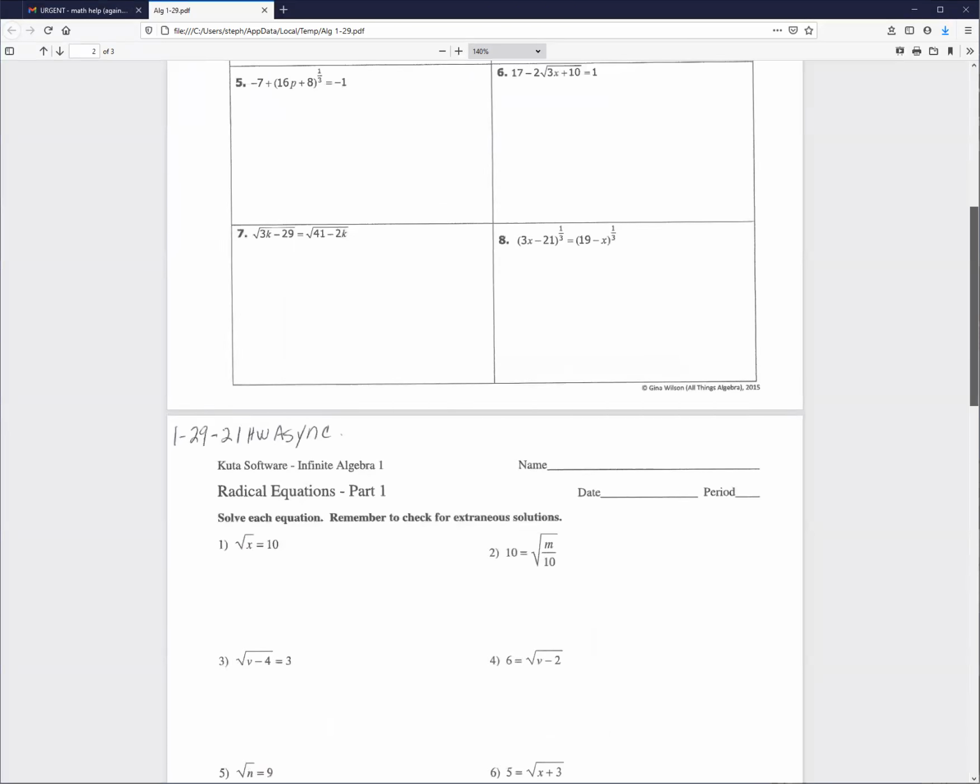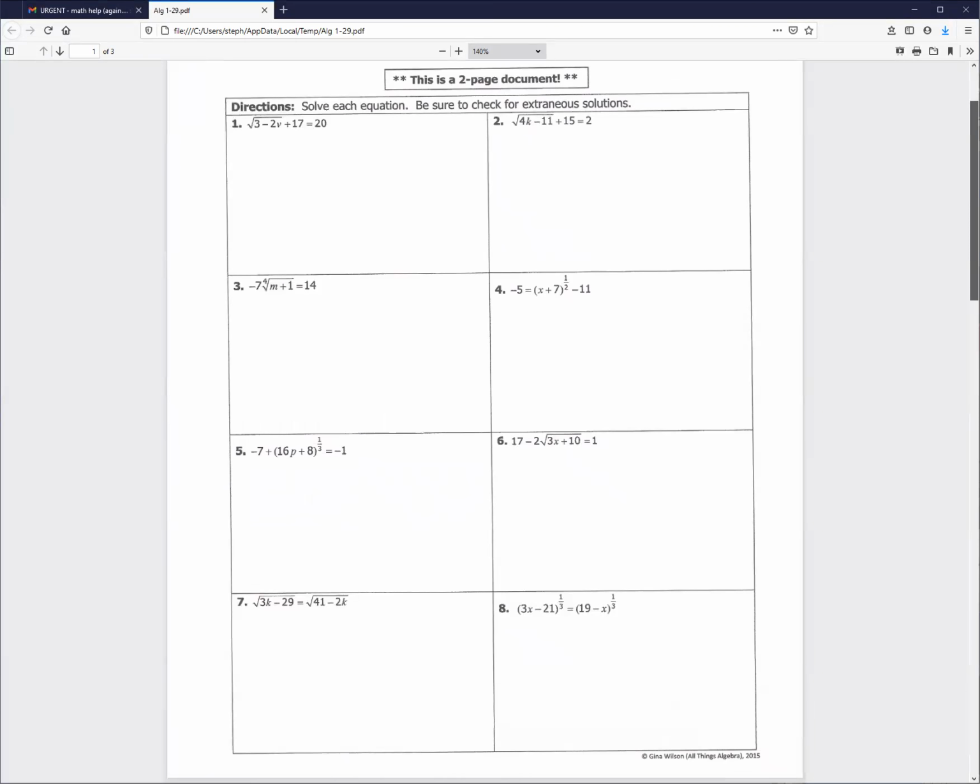Now, I do have one more sheet to look at way up at the top here. And oh, look, it is similar questions at first, isn't it? So we're going to look at number 1, and we're going to say, oh, well, first off, we got to strip away this plus 17. Square root of 3 minus 2v, subtracted 17 from both sides, we get a 3 over here.